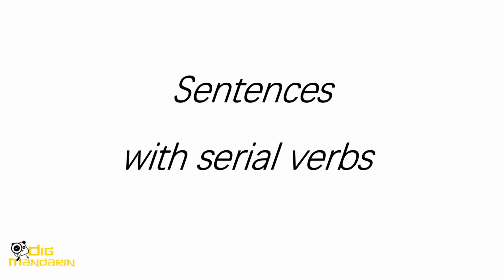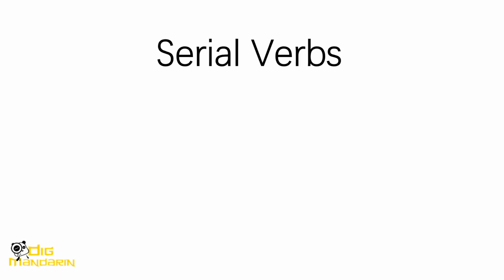Okay, great. Now, after the sentences with double objects, let's look at a new structure. The structure 10. Sentences with serial verbs. Well, what are serial verbs? Basically, it means in a sentence there are two actions.